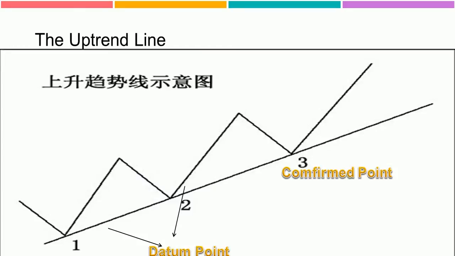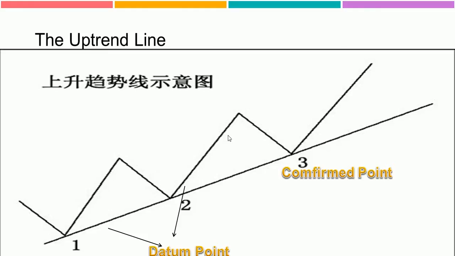Okay, so what does that mean? Then we can see here the price. So we can see this price. We can connect one low point to another low point. Okay, then we can draw the line. But how to judge whether this line is effective or not?